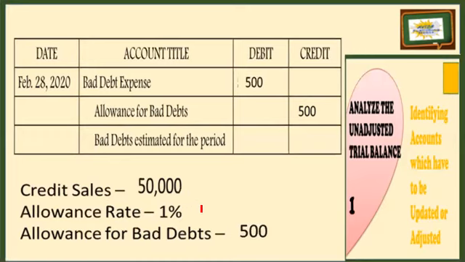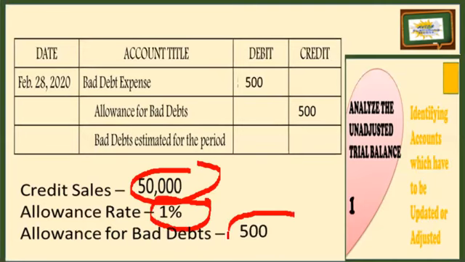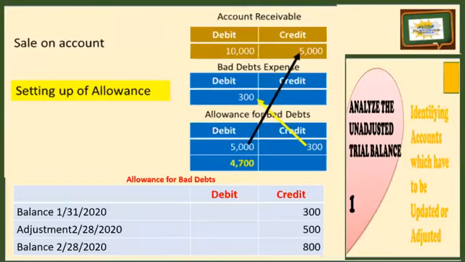So for the total sales, for example, there are credit sales of 50,000 and the allowance rate is 1%. So the allowance for bad debts will be 500. So you debit bad debts expense 500, credit allowance for bad debts 500.